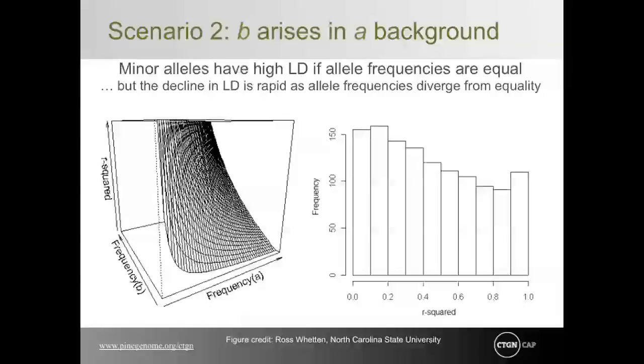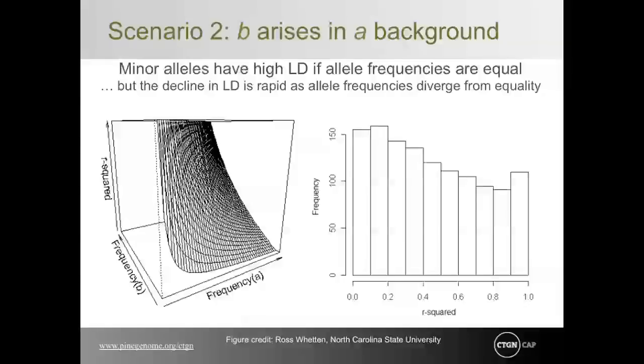The three-dimensional plot on the left shows that LD, expressed as r squared and calculated according to the equation presented on slide 19, is equal to 1 along the diagonal line where the frequencies of the lowercase a and b alleles are equal, but as the frequency of the lowercase b allele drops below that of the lowercase a allele, LD drops very quickly. This effect is most pronounced if the frequency of the lowercase b allele is low and the frequency of the lowercase a allele is moderate to high.